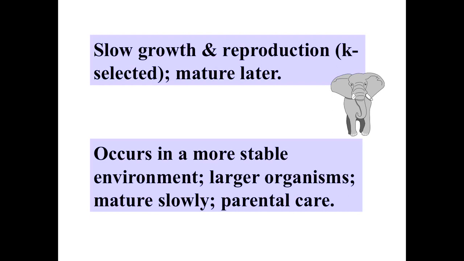It's important that they have resources for their offspring reliably. They also give a lot of parental care to their offspring, so they're only going to have small numbers of offspring at a time. Hippos are another great example. Humans, of course, are as well.